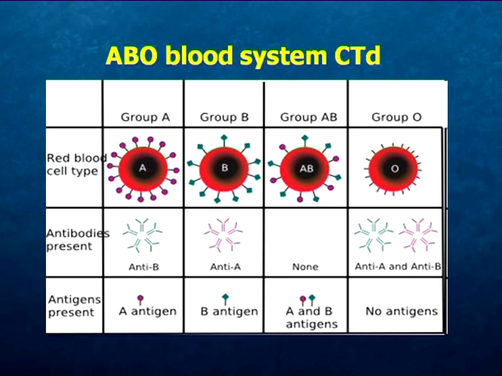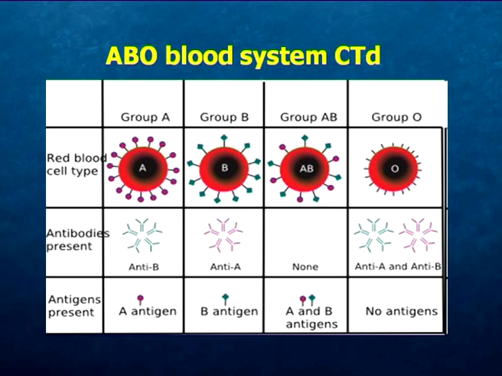And when you look at the plasma, an A group person will have anti-B antibodies. Then when you look at group B, you find B antigens on the RBC and anti-A antibodies in the plasma.